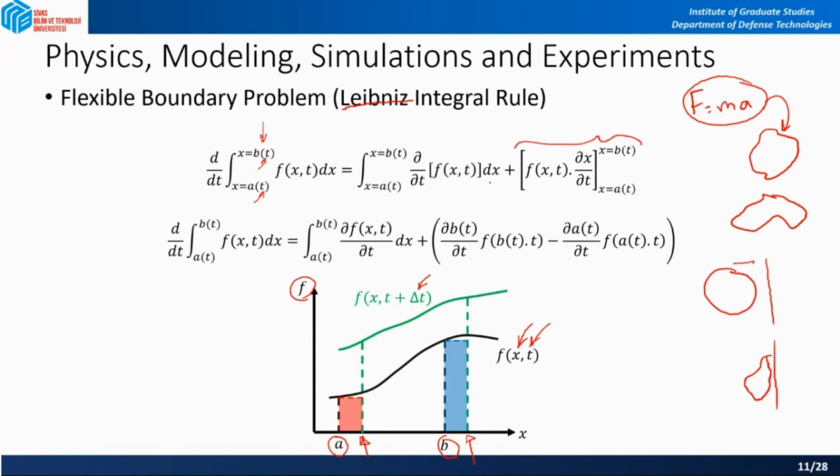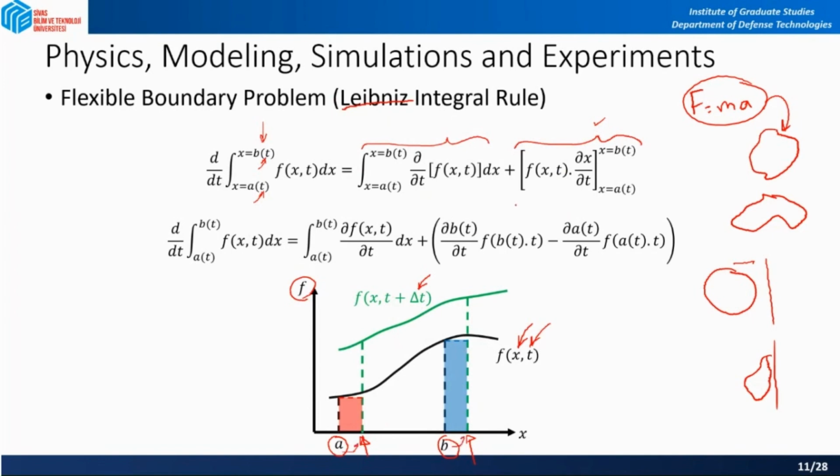What you need to do is to first find the time variation of the system inside. So this is the time variation of the system inside. And then find the time variation of the boundaries. This second part. If they are expanding or moving back. Like what we are showing in here, boundaries are moving. A moved to this point, B moved to this point.